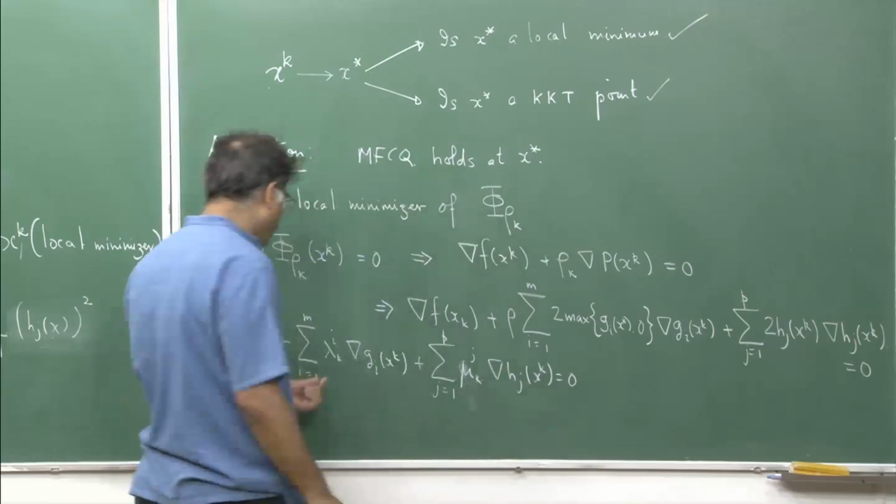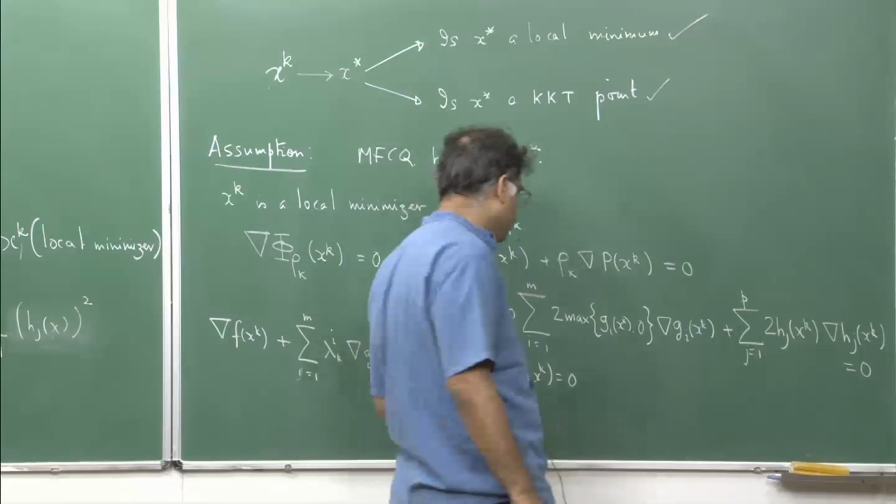Of course, you know how I got this lambda i k and this mu j k.